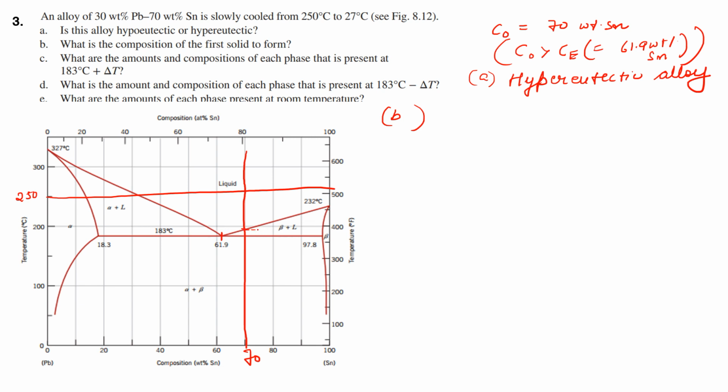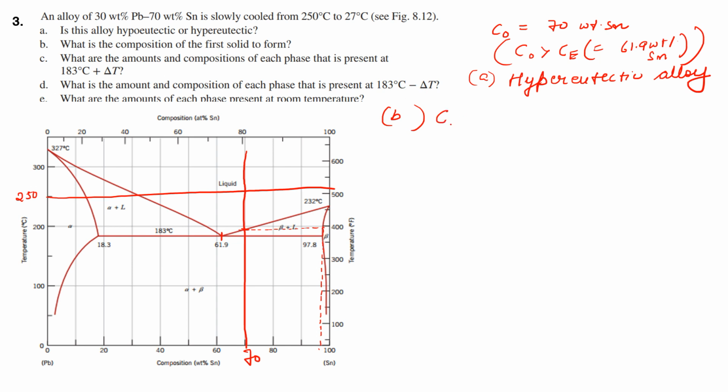If we draw a tie line, the composition of the first solid can be given by the intersection of the tie line with the solidus, which is this one. Very close to 100% tin, by the way.